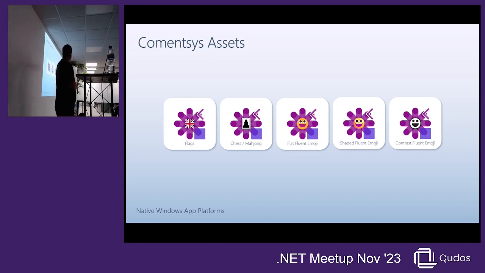So if you want the smiley to have a green face or whatever, you can do that. So I don't do that for the flags, because I thought that might be a bit odd if you can change the colors of the flags. So you can't do that. But for all the others, you can change the colors if you want, so you can customize them and build. I've got a game, for example, which has got racing cars, and all the racing cars are different colors, and I just use the color replacement to do that.